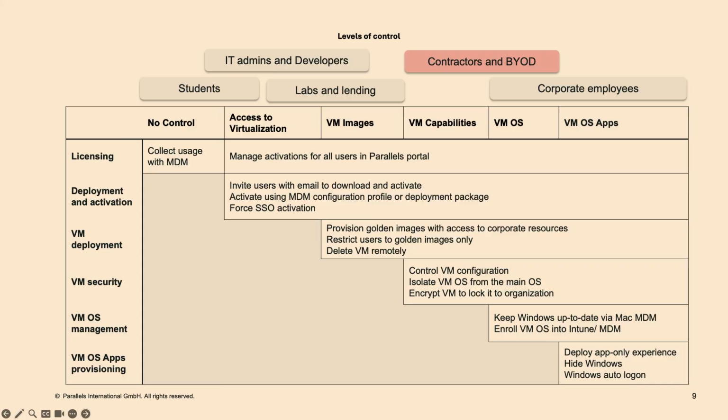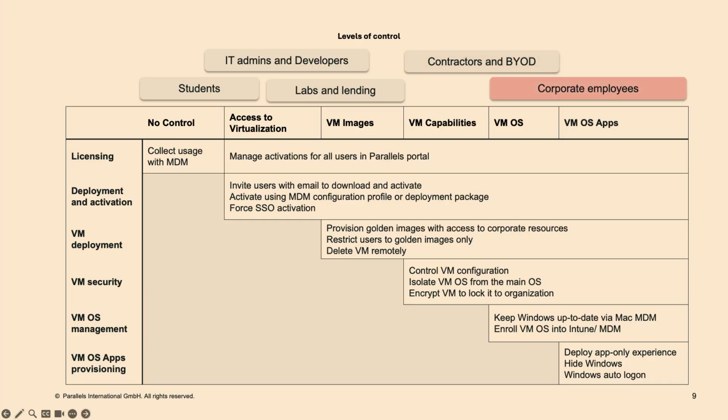For contractors and BYOD scenarios, the goal is to provide a controlled, isolated environment while not managing their hardware. And virtualization helps, together with management of the operating system inside it.